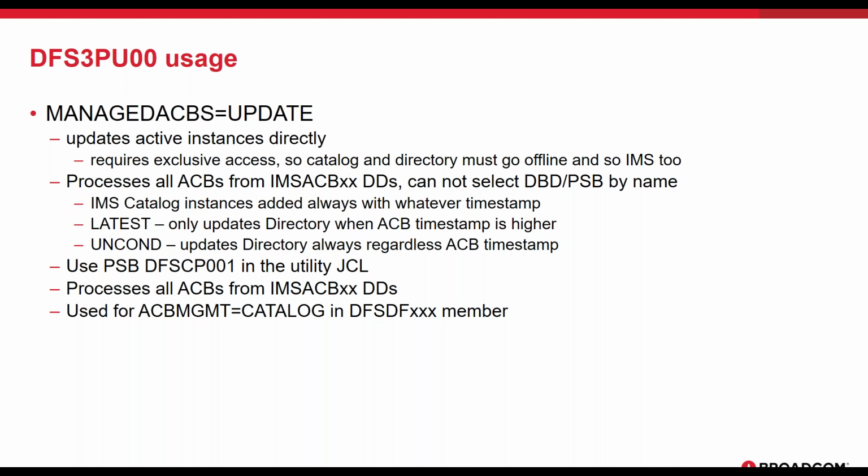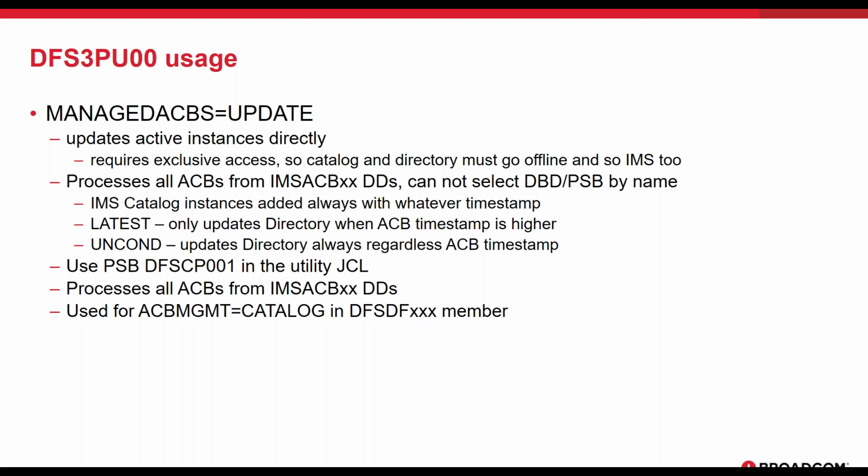If you use the LATEST option, then the ACB members have a timestamp, and the directory is updated only when the ACB timestamp is higher than the timestamp already for that resource in the directory itself. UNCOND behaves like the previous utility and unconditionally overrides the directory anyway.